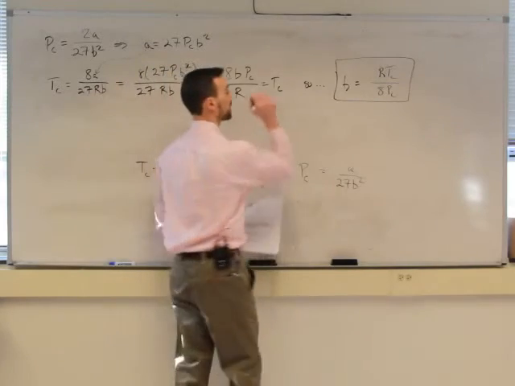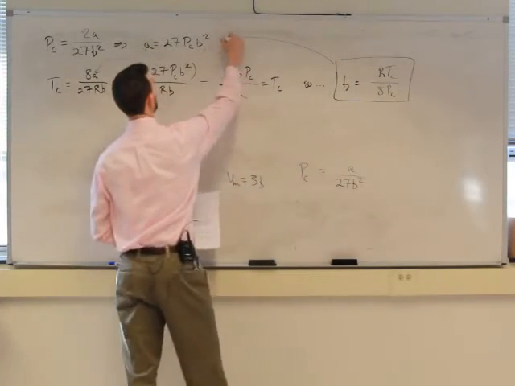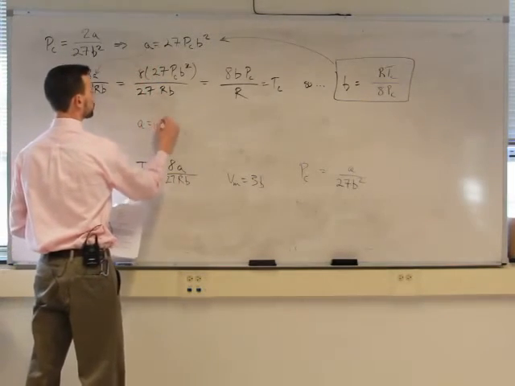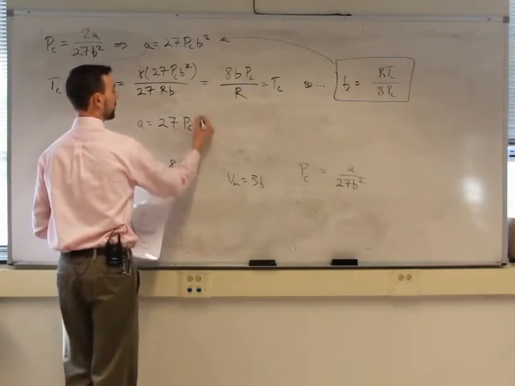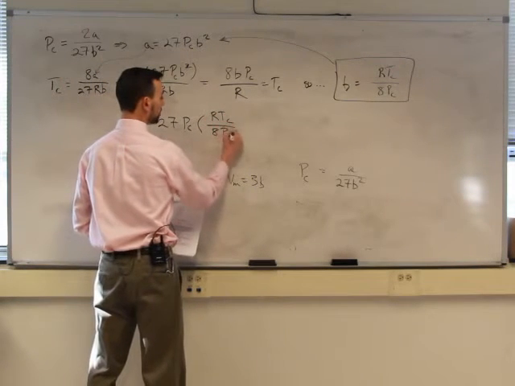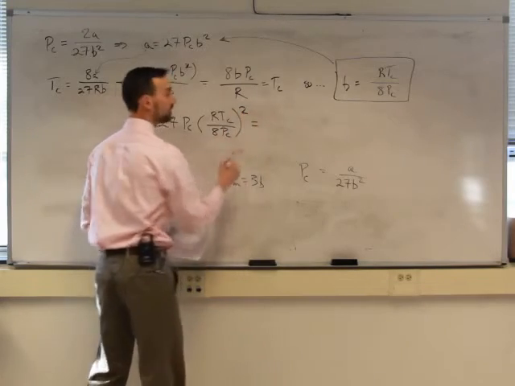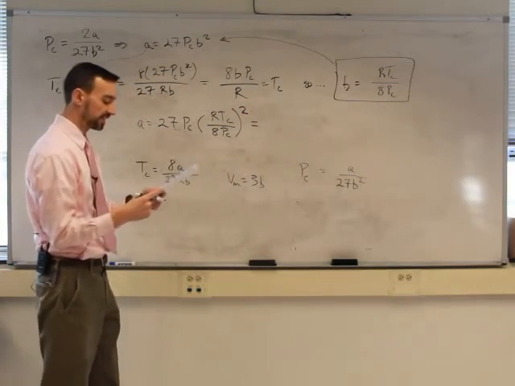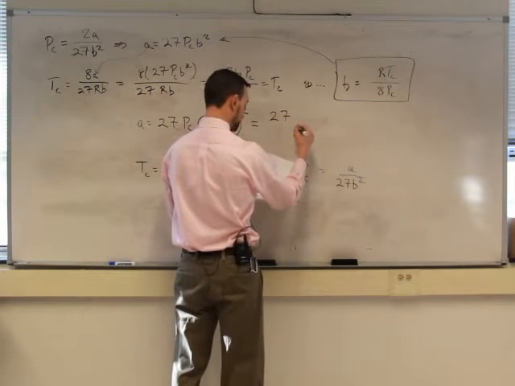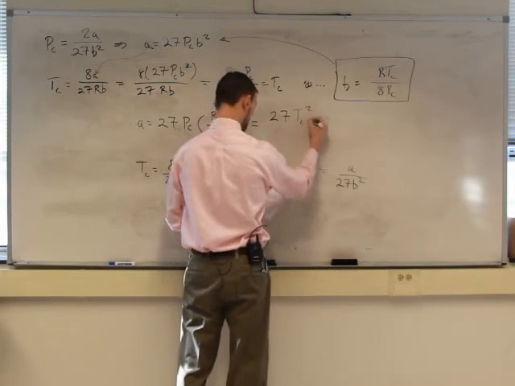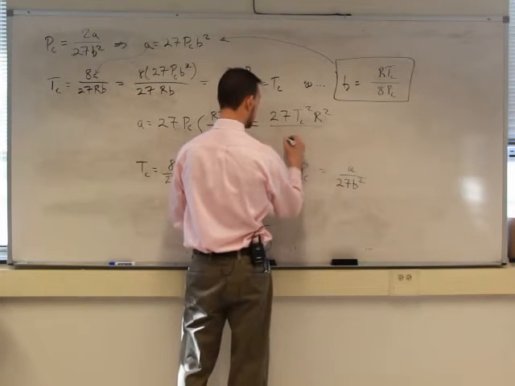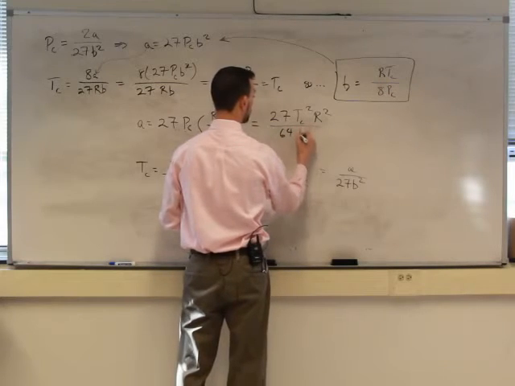Now all that's left is to take B and substitute it back into our equation for A. So A equals 27 critical pressure times this R TC over 8 PC, whole thing squared. And so this simplifies to, it doesn't look very simplified, but 27 times the critical temperature squared times R squared divided by 64 and the critical pressure.